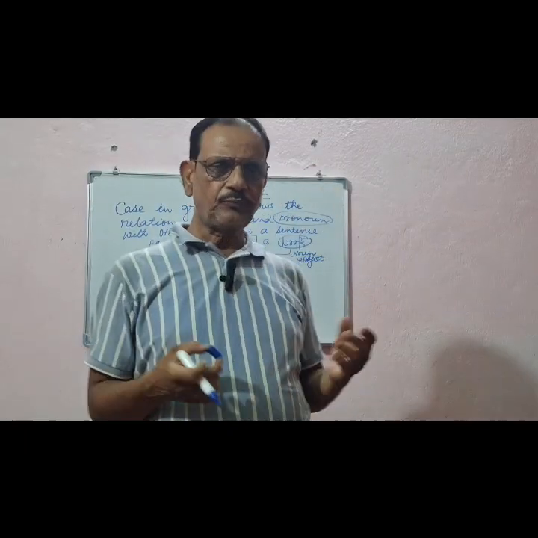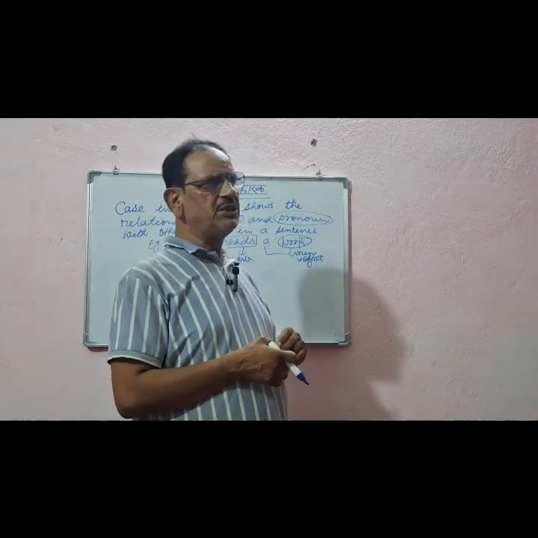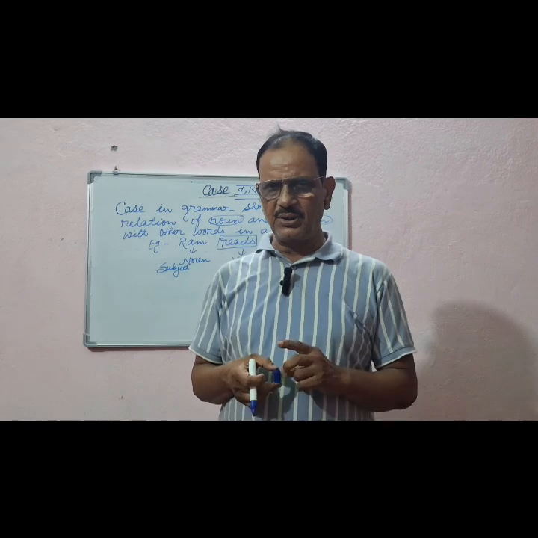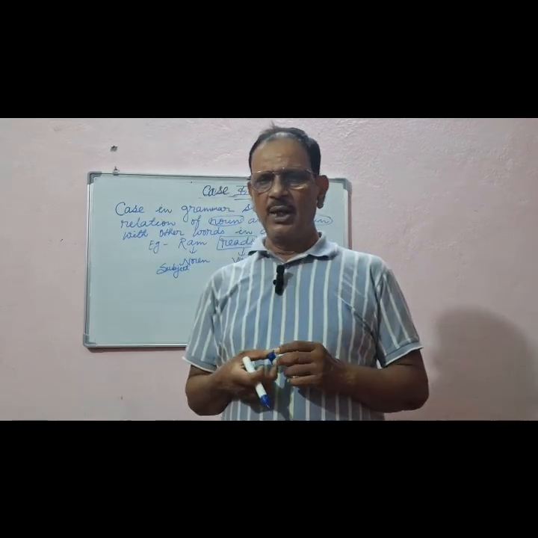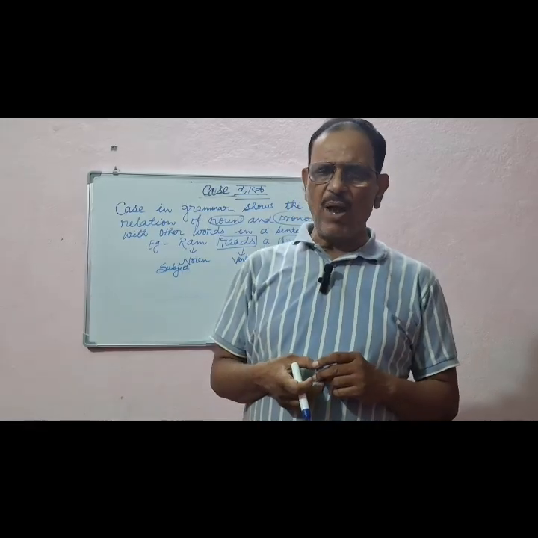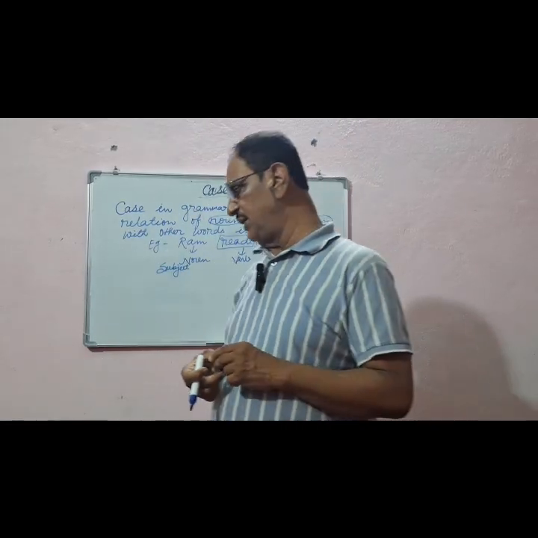Here we come to see that there are two nouns in a sentence, but one is used as a subject in the sentence while other is used as an object in the sentence.